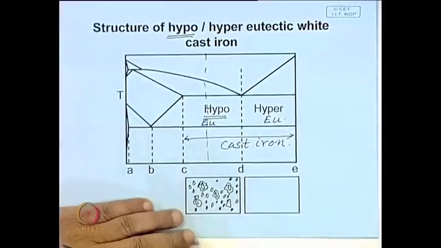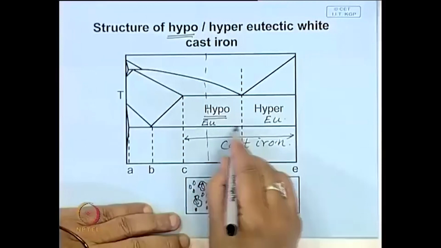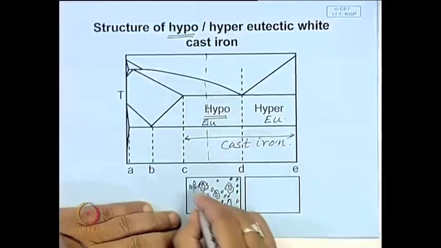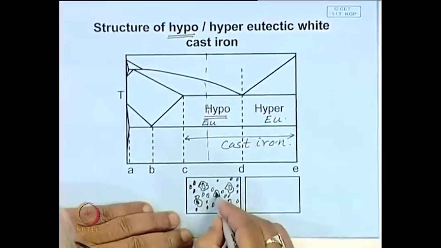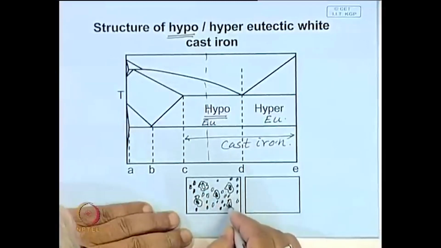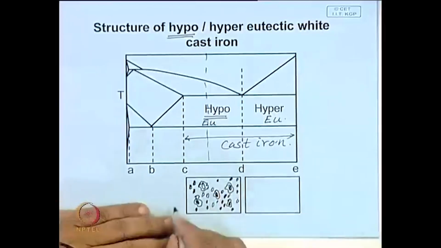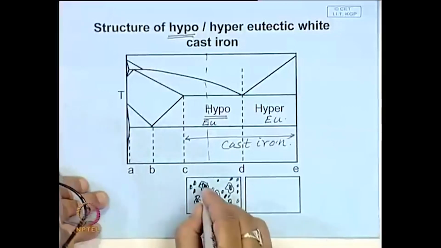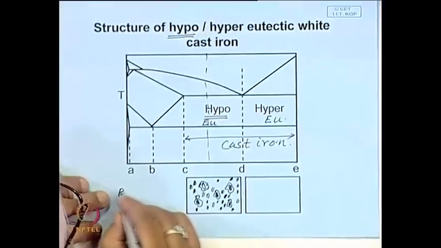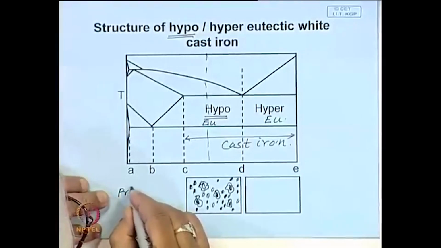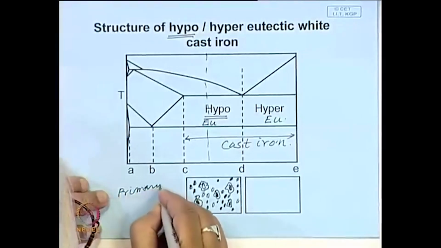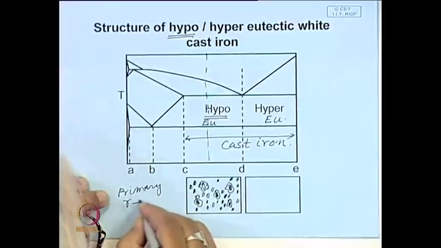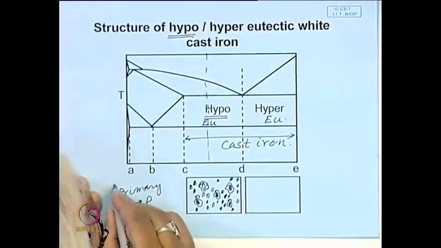These also will shrink, and when the eutectoid temperature is crossed, all the untransformed austenite will get converted into pearlite, and the structure will look like this: you will have primary austenite which has converted into pearlite.